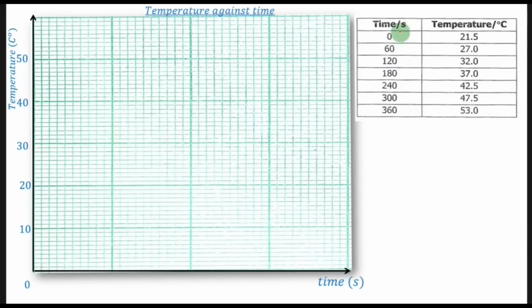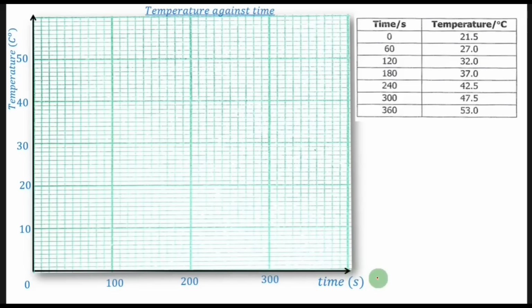Here on the time axis I am moving from 0 to 360, so I can just say 100, 200, 300. This one can be 400, but 360 can still lie in between these lines.